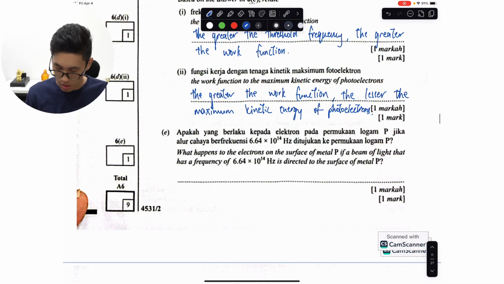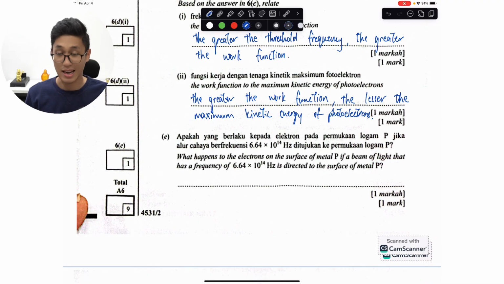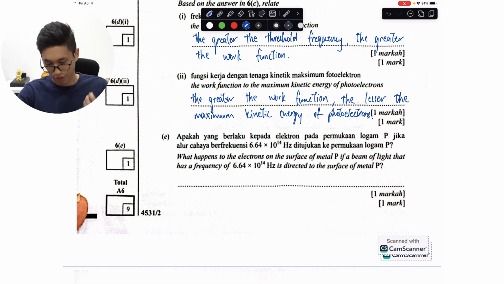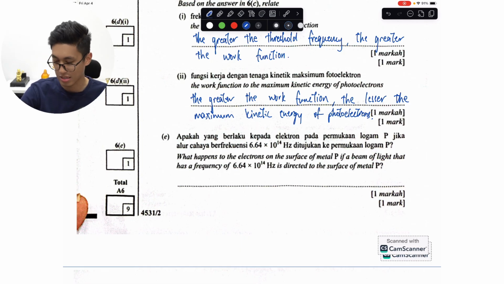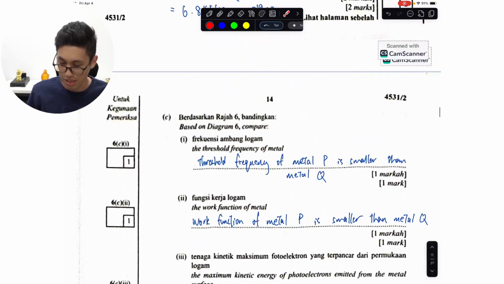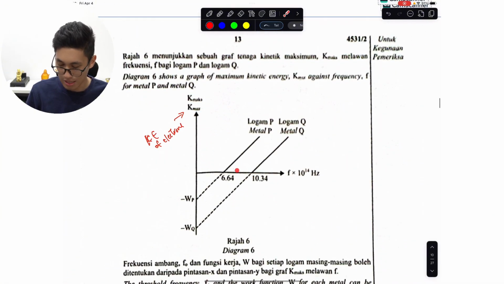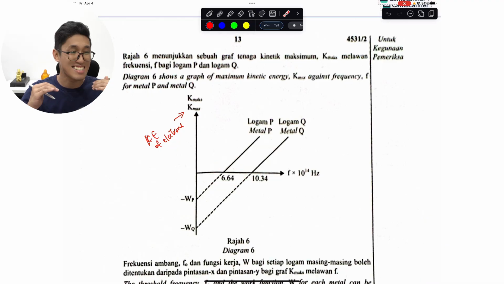The last question. What happens to the electrons on the surface of metal P if a beam of light that has a frequency 6.64 times 10 to the power of 14 is directed at the surface of metal P? So 6.64 times 10 to the power of 14 is exactly the threshold frequency of metal P, which means it's just enough.